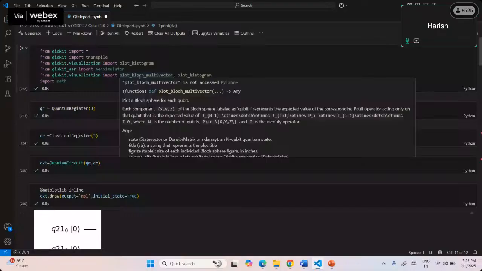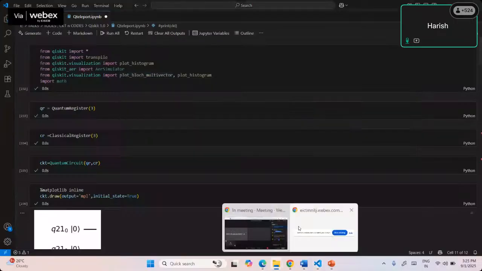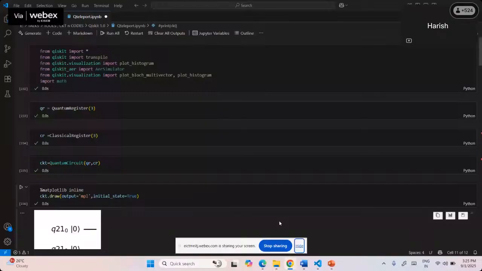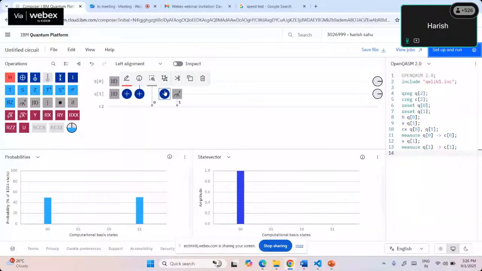Here, as you know, we have already seen the IBM Composer, wherein you can do these things graphically. If you remember, in Composer, we have these kinds of gates available to us. We are given these qubits and we can apply different gates simply by dragging and dropping them, and we can implement our quantum programs or quantum circuits.